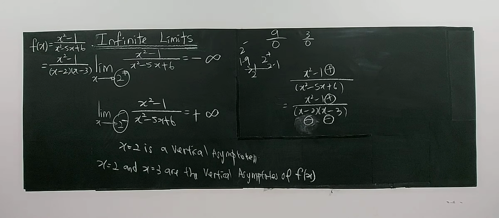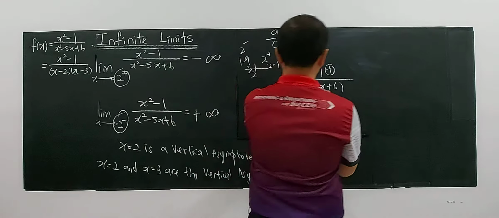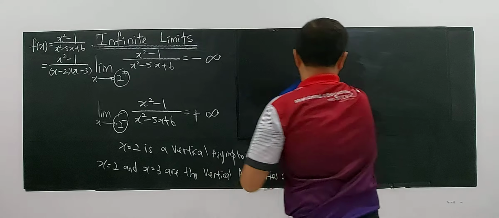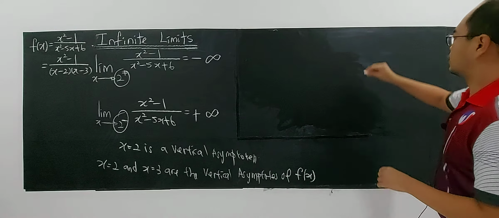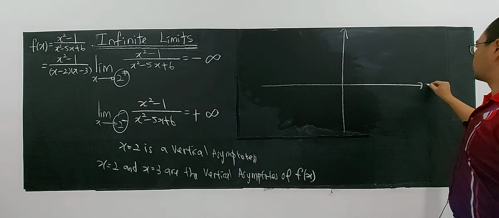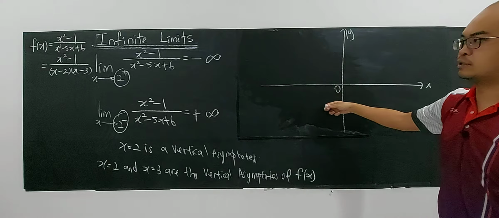So if I sketch the graph, I can see how the graph goes here. Very easy. If I sketch a graph, very fast, this is for your extra knowledge. If you love mathematics, you can keep watching this.